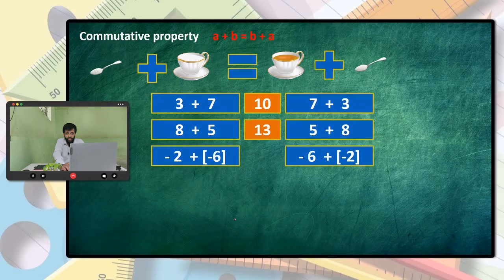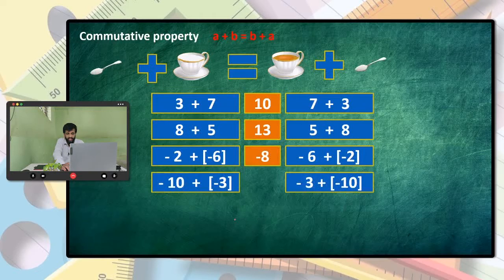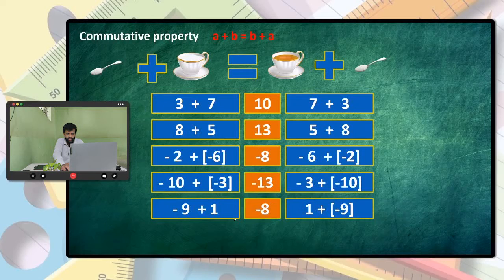Try minus 2 plus minus 6 or minus 6 plus minus 2. The answer to that is minus 8. So minus 10 plus minus 3 or minus 3 plus minus 10. When I do that, my answer is minus 13.